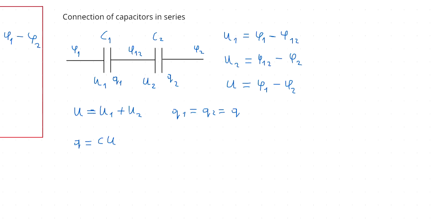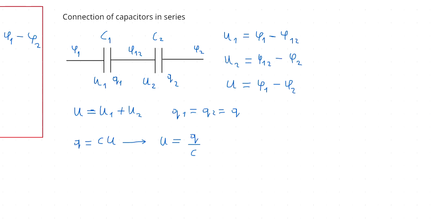And from here we can obtain that the potential difference of a capacitor is equal to its charge divided by its capacitance.